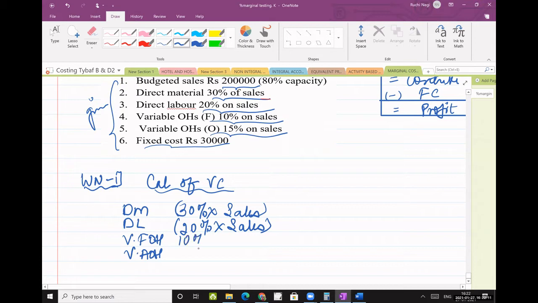Variable overheads 10% of sales, and this is 15% on sales.